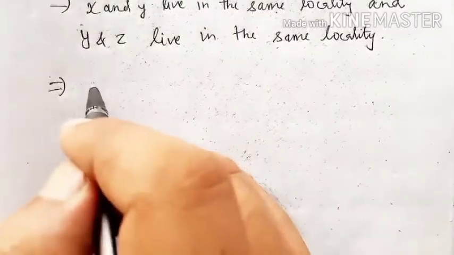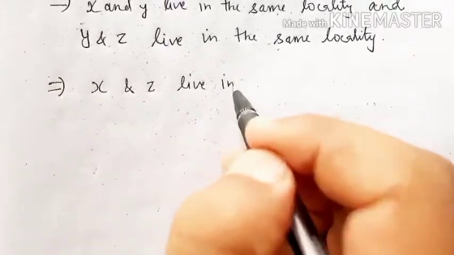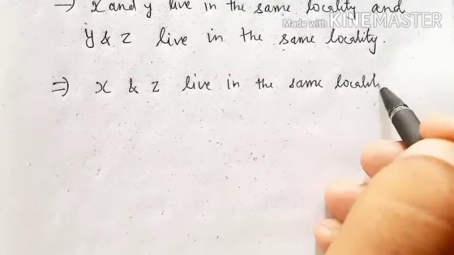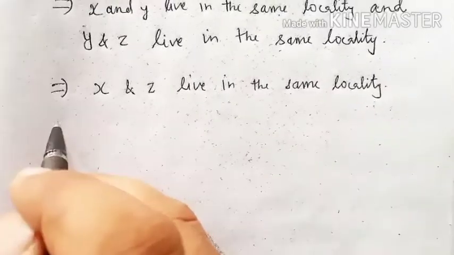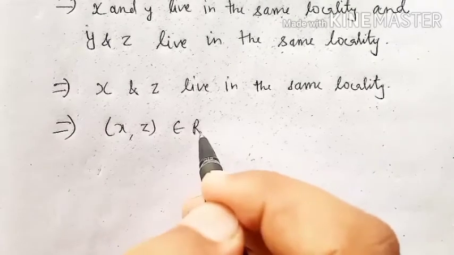This implies that X and Z live in the same locality. This implies that XZ belongs to R.